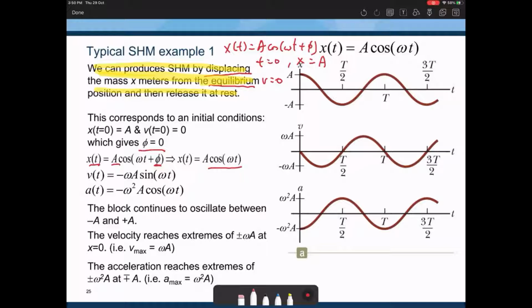When you draw the diagrams of displacement, velocity, and acceleration as a function of time, they are shifted from one another by pi over 2. So the x over t starts from the maximum A and then performs a cosine function.